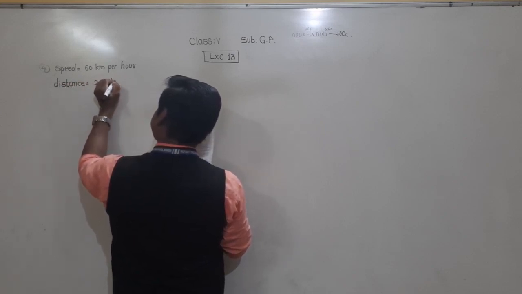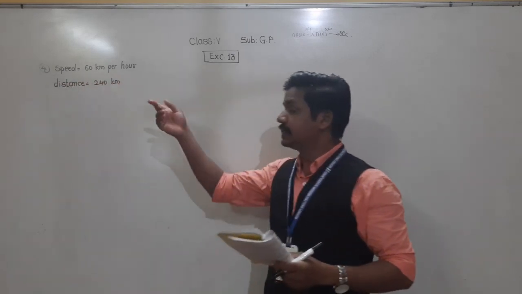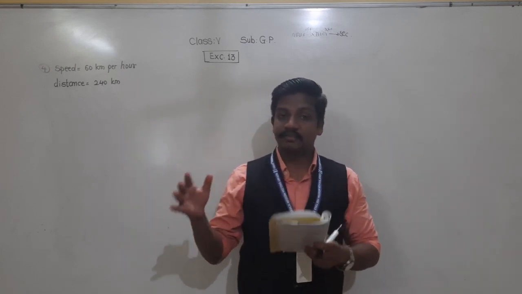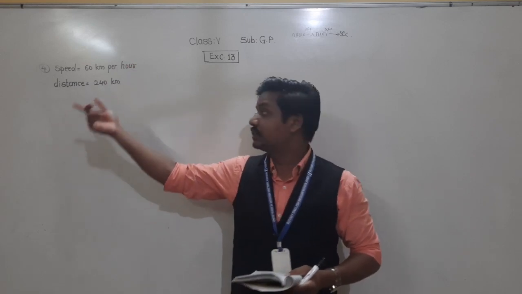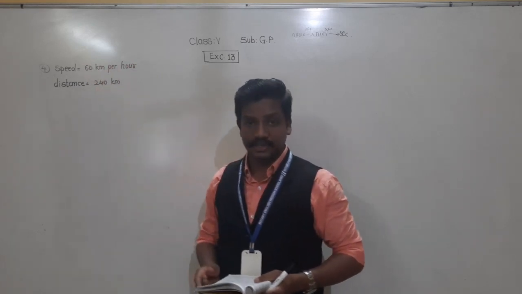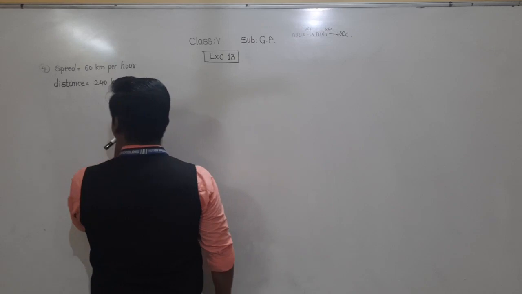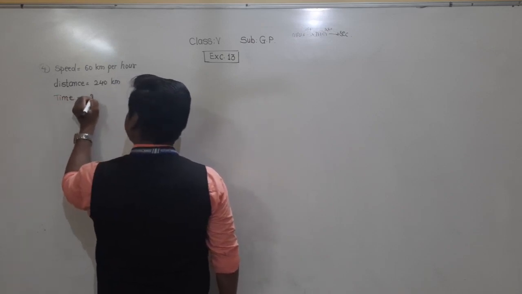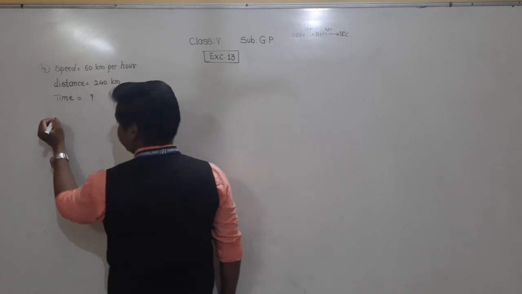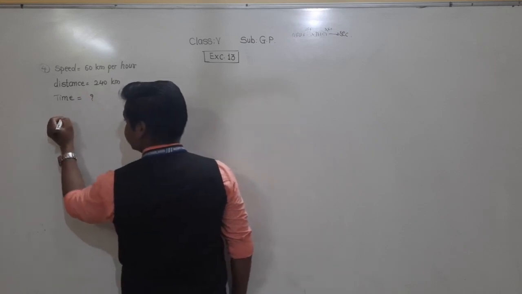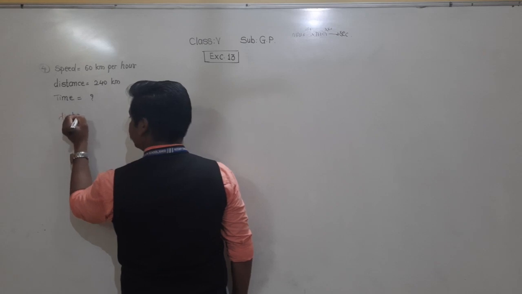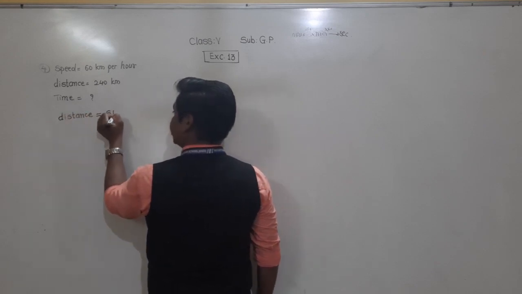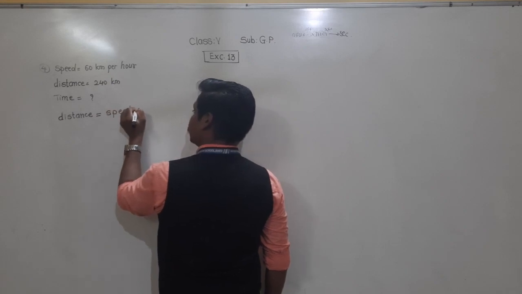240 km. Now with this speed and distance, we can find the time. How much time he required to reach that town with his speed and to cover this much distance. Okay, the time we will find. For that we have a formula. See, the basic formula is distance is equal to speed into time.